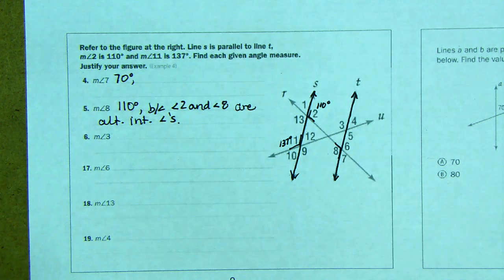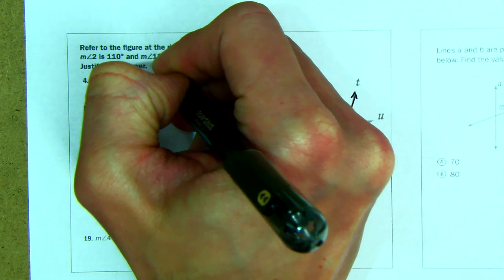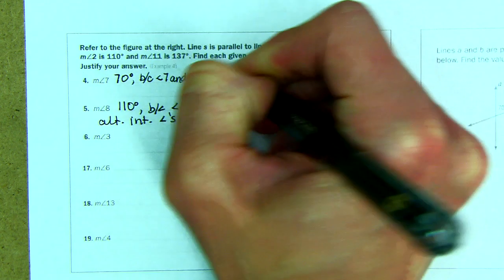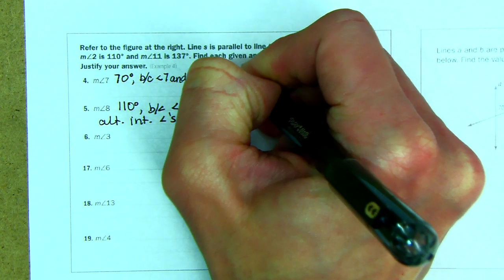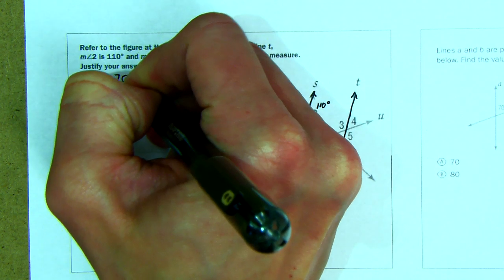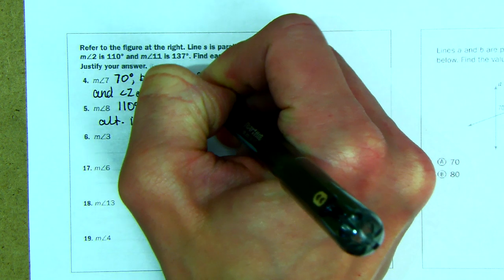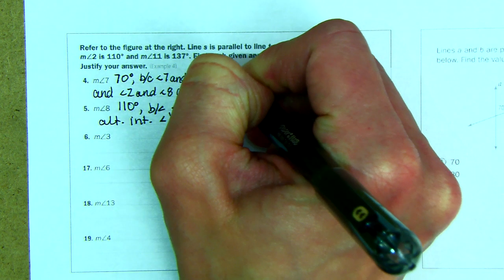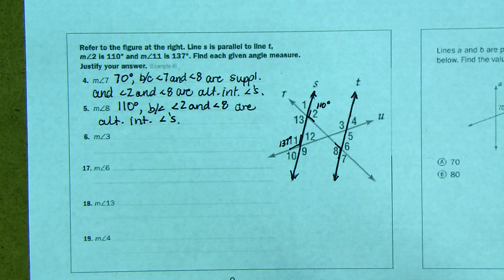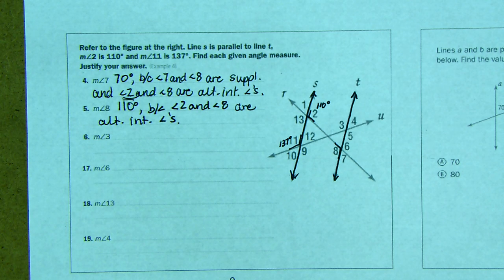So here's my reason, and watch this carefully. Because angle 7 and 8 are supplementary, and angle 2 and angle 8 are alternate interior. So I have to take it back to angle 2 because that's one of my given.